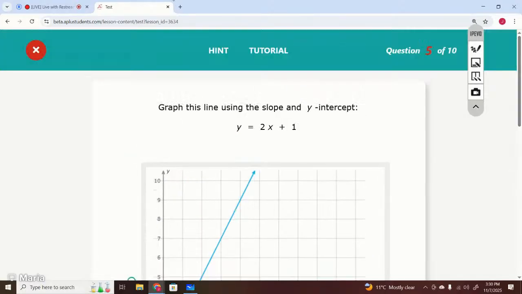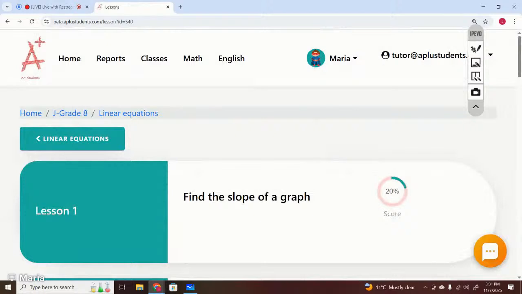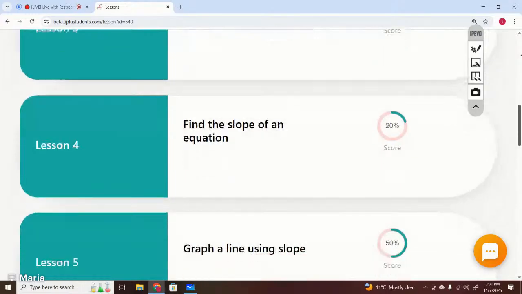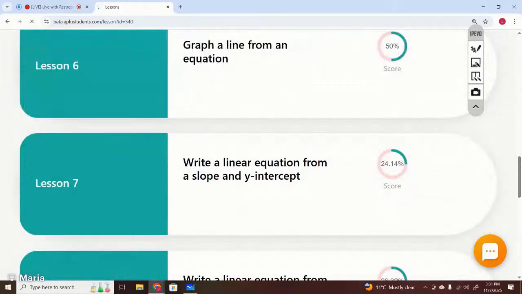The next lesson is write a linear equation from a slope and y-intercept.